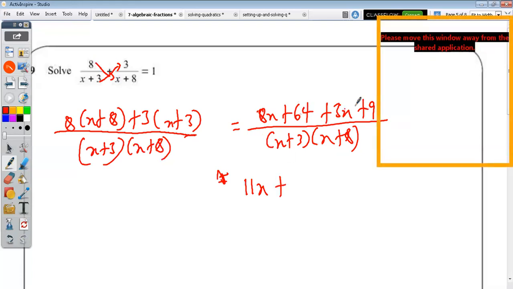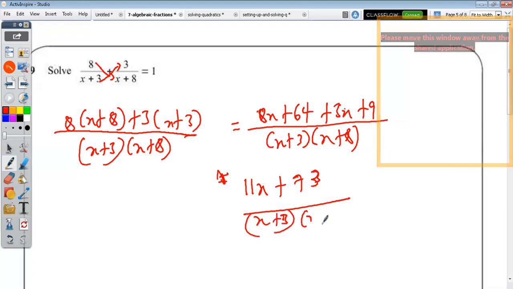What is 64 plus 9? Isn't that 73? 64 plus 9 is 73. So that's 73 over x plus 3 brackets x plus 8, and that now is equal to 1.